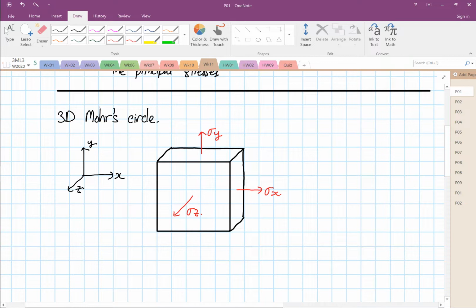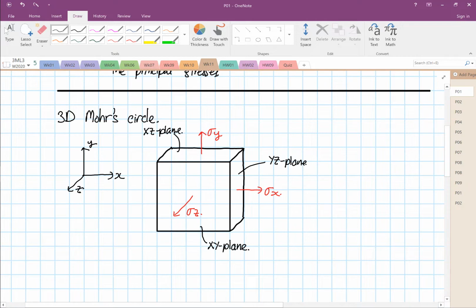And as you can see down here, this is known as our xy plane, and then this is our yz plane. You better write it in capitals, YZ plane. And this will be our xz plane.